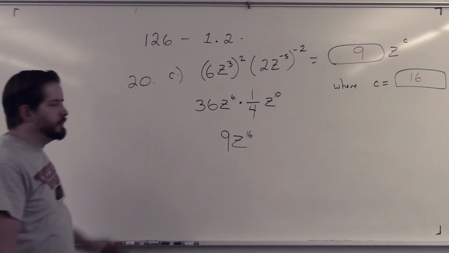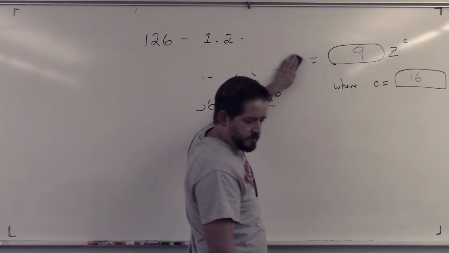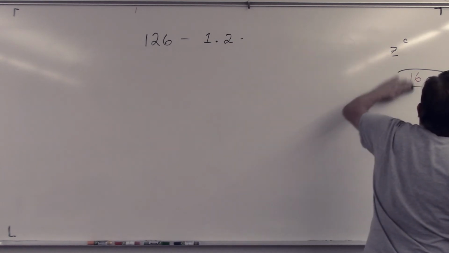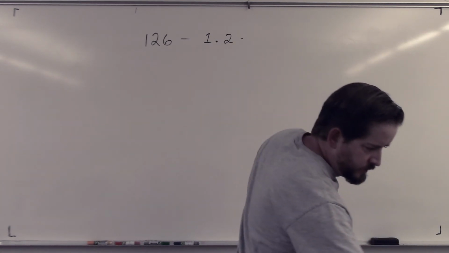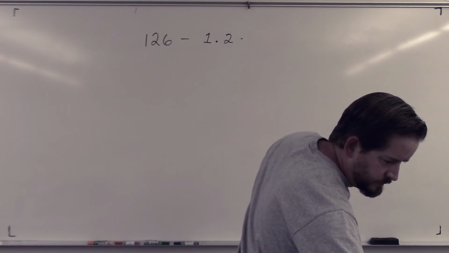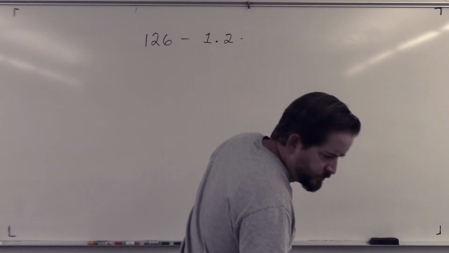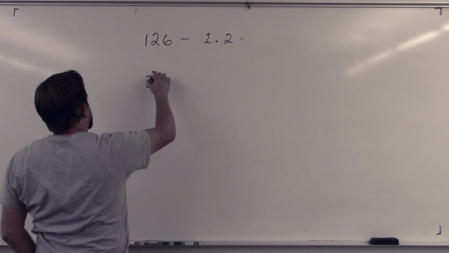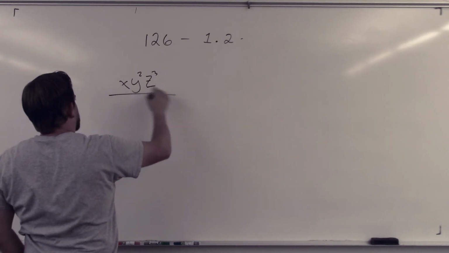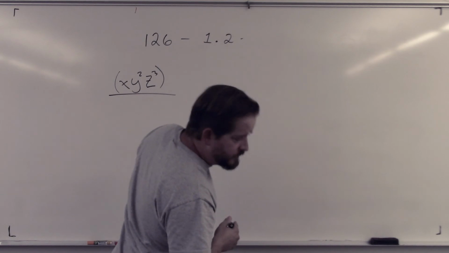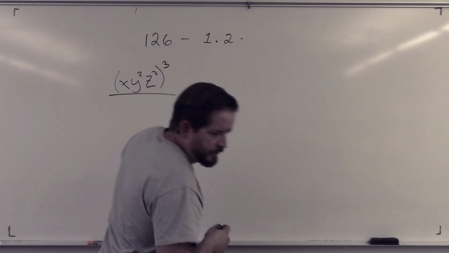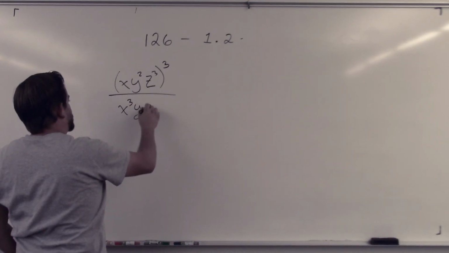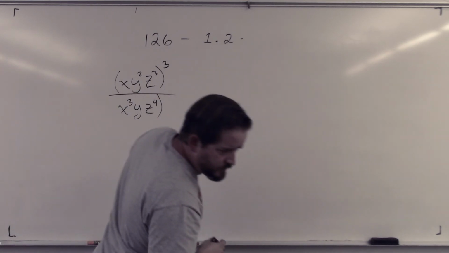All right, let's take a look at number 24. It says, simplify the expression, and then we're given x y squared z to the third, all raised to the third, over x to the third y z to the fourth, all to the third.